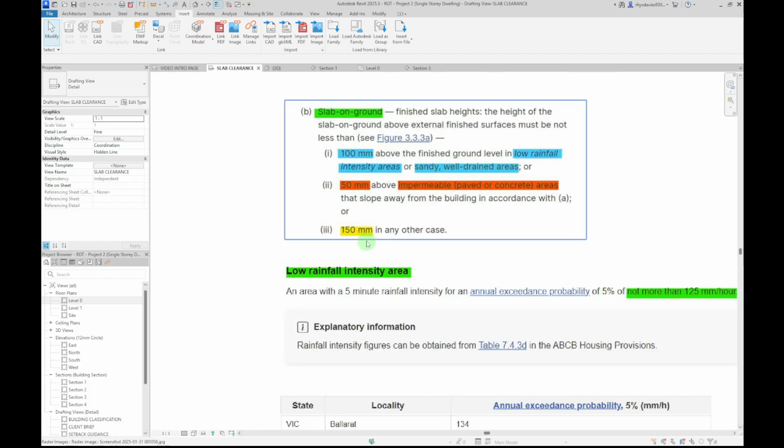That means we need to have the slab on ground clear above the external finished surface by at least 150 millimeters. That is the rule, and that is what we call deemed to satisfy, i.e. if we design exactly as the NCC tells us to, then we will comply with the NCC.